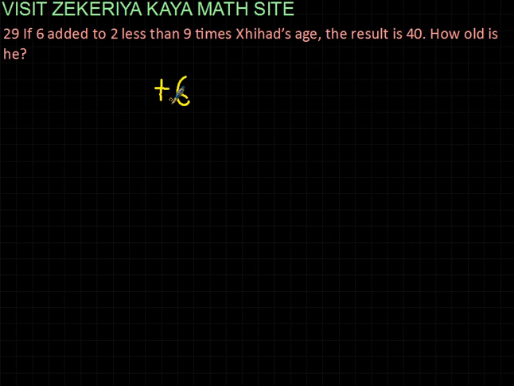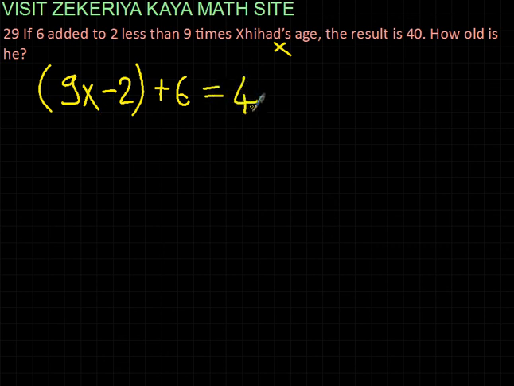So let's make a parenthesis. 2 less than 9 times Jihad's age. Jihad's age, let's make it x. 9 times Jihad's age. So the result should be equal to 40.